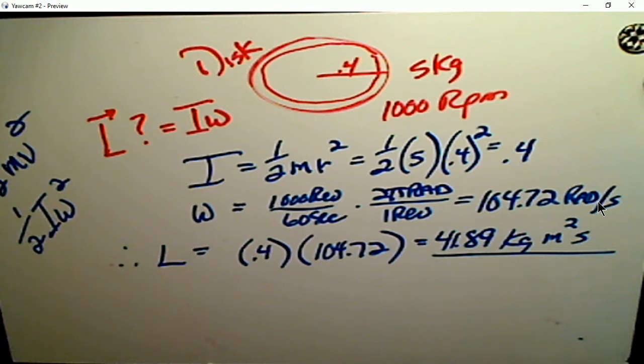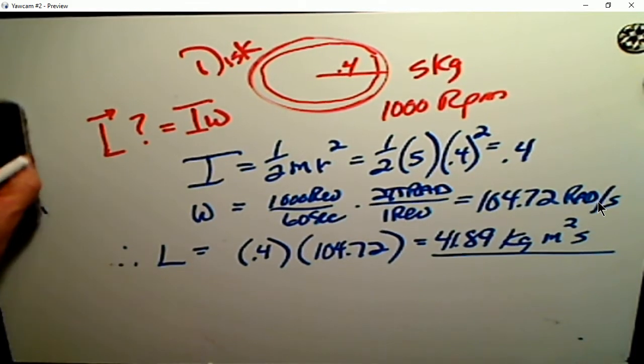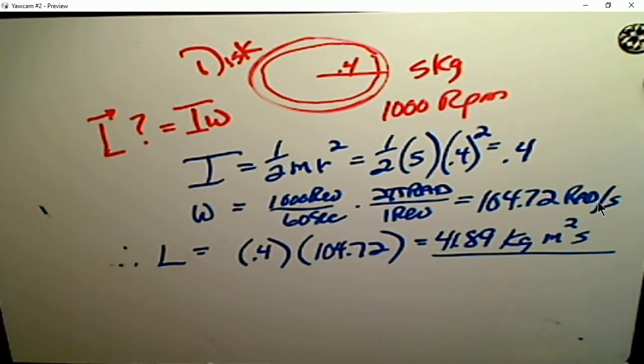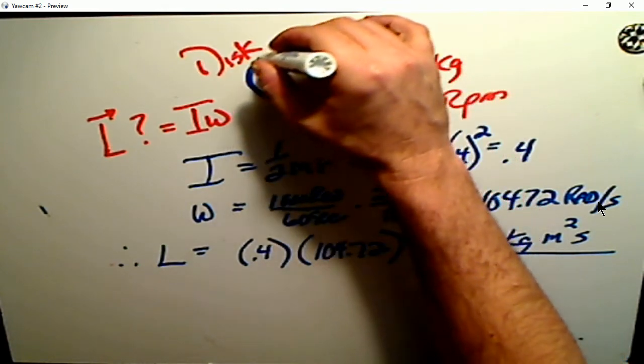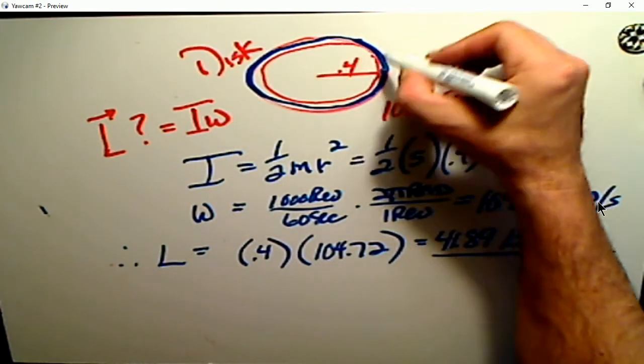So I could easily figure out the joules involved in this rotation. But let's now take a look at something happening to this disk and work with conservation of angular momentum. Let's say this outer layer falls off.